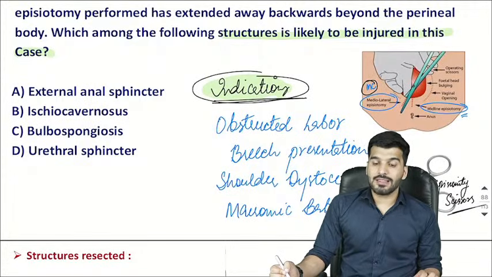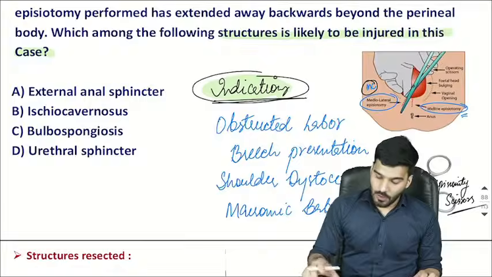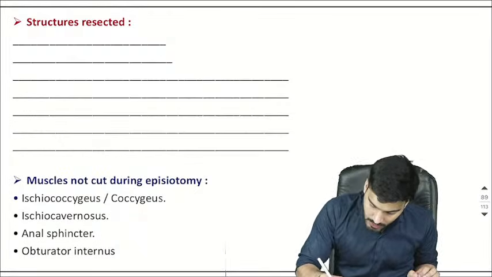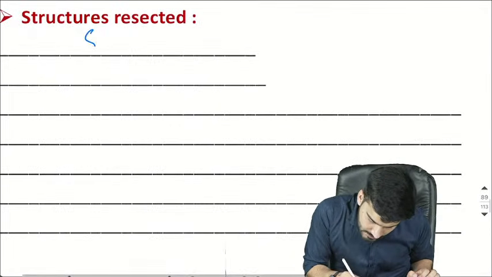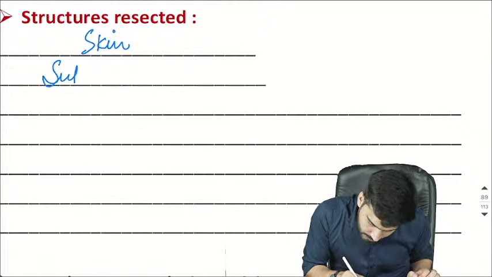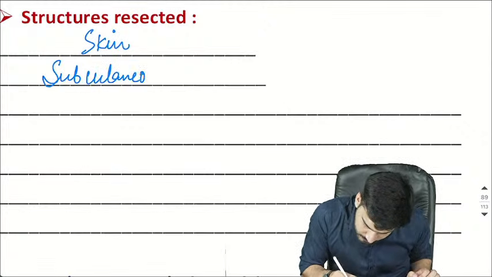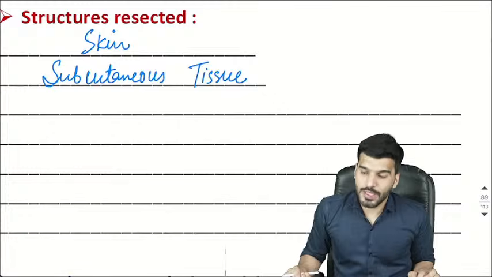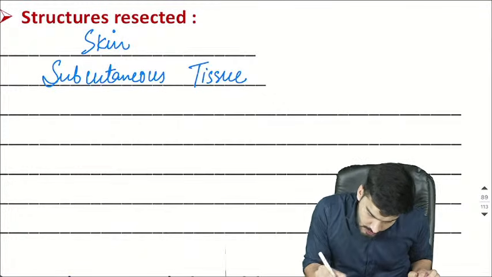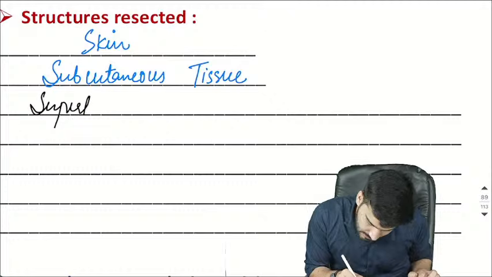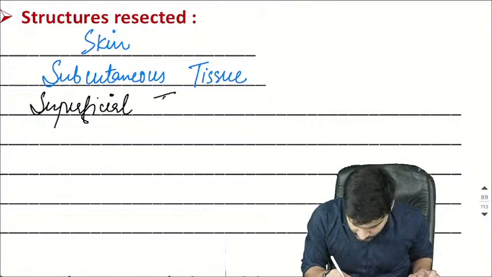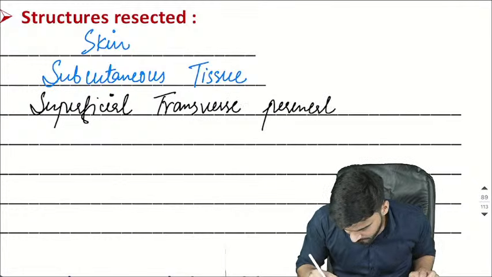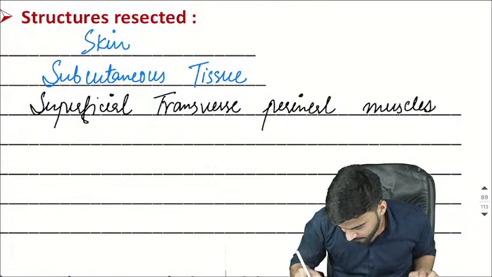Now, sir, what are the structures cut in the episiotomy? Let's first understand the full episiotomy and then we go back to the question. Structures: first of all, we are going to cut the skin, then followed by that the subcutaneous tissue. Then we have the superficial transverse perineal muscles.